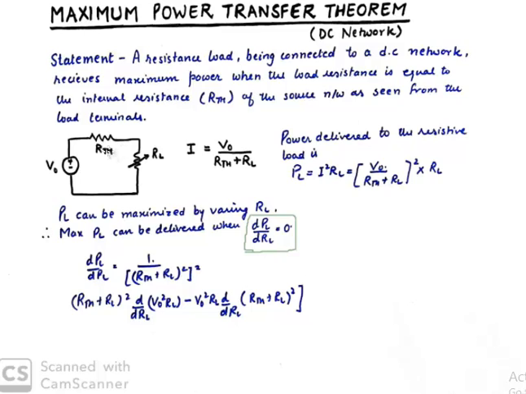Although the statement clearly says that RTH should be equivalent to RL, we are proving this now. So the current in such a circuit will be this, and the power in such a circuit at the load will be this, and it will receive its maximum power when we vary RL, and PL can be maximized by keeping dPL upon dRL equivalent to 0.